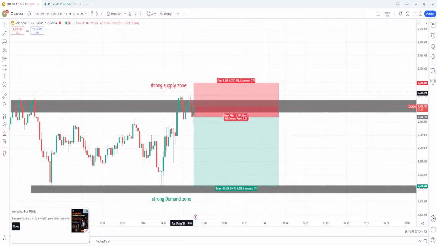See, these are the key levels, and it is a place where the liquidity gets collected.